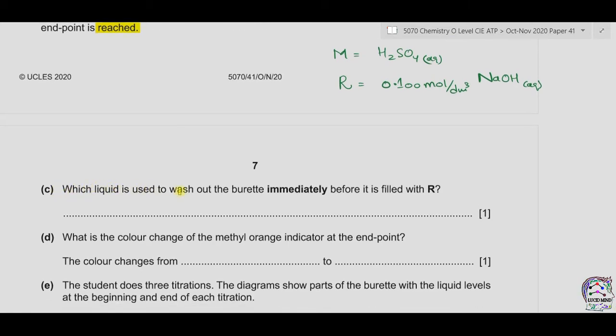C. Which liquid is used to wash out the burette immediately before it is filled with R? Now the experiment should be done like this, that first it should be washed with distilled water, and then with the same solution with which it is filled so that the concentration does not change.